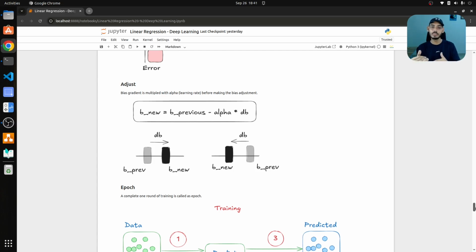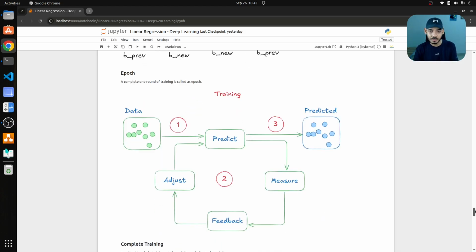With this we complete one cycle iteration of the data set through the 4 components of training. We took the data, predicted, calculated the MSE where we found the average value, then updated the weight, and then updated the bias.